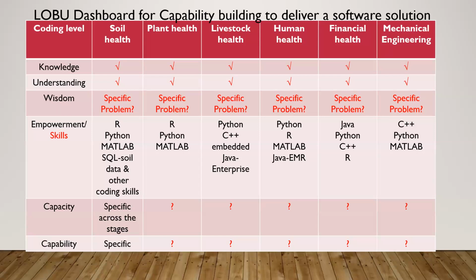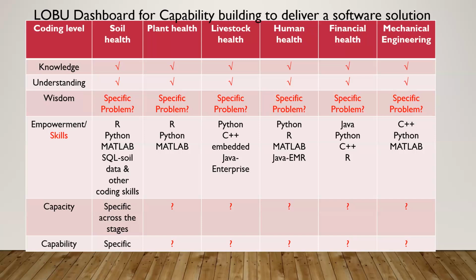For those of you who attended the first lesson on knowledge, you may realize that the knowledge that I presented applies to all these disciplines, all areas, all fields of studies where you address real life problems, whether it's human health or plant health. Knowledge of coding is very important.